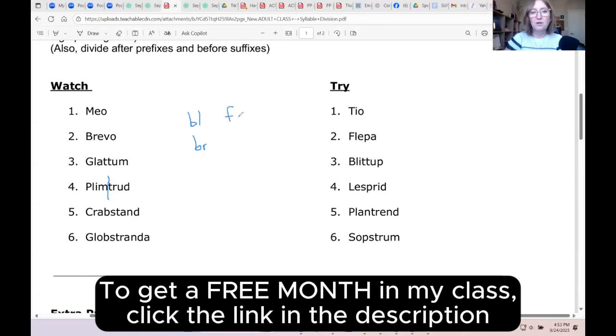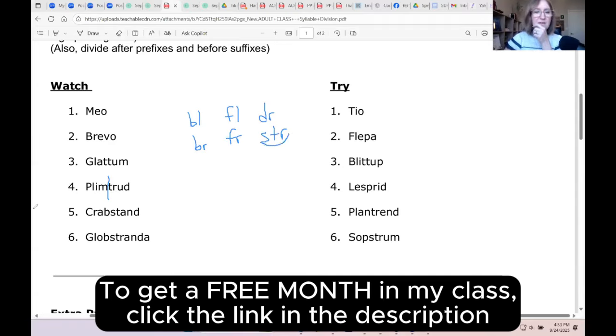FL, FR, B, P, D, because they just blend so, not DL, but ST, R. These are all blends that need to remain together.